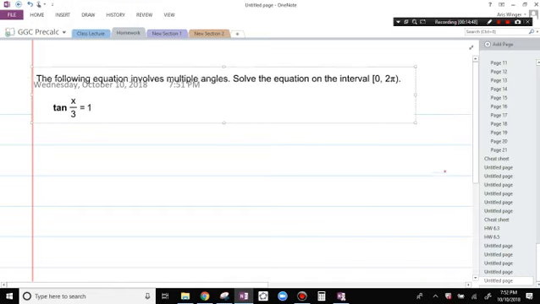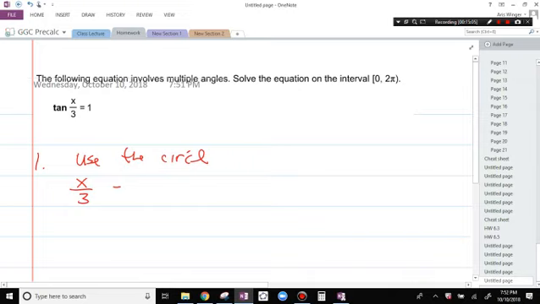So now we know, so first step, 1, we need to use the circle. And we know, we said this earlier, that x over 3 needs to be equal to pi over 4 plus n times pi.